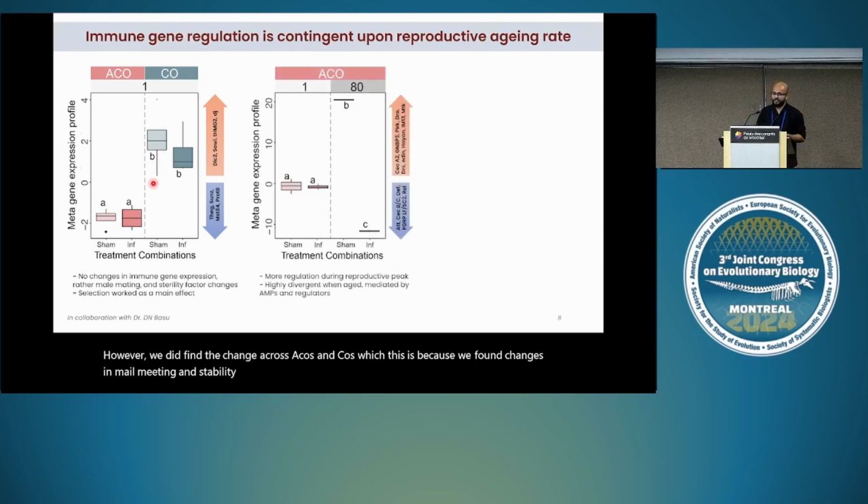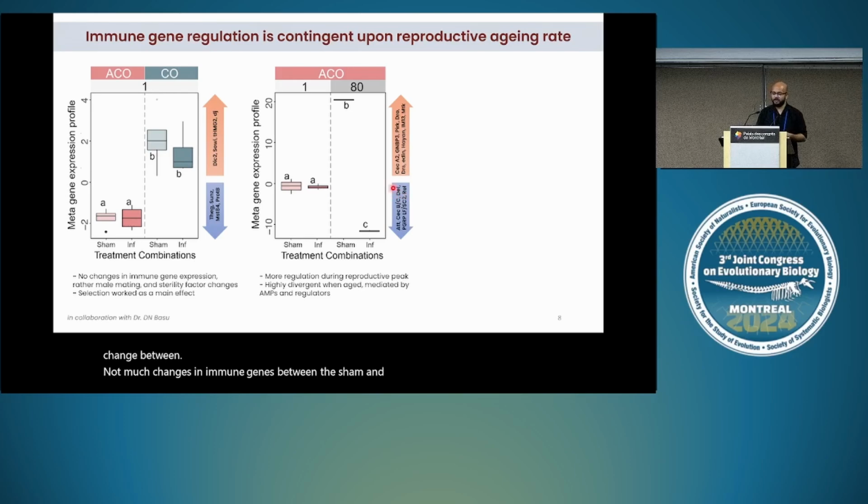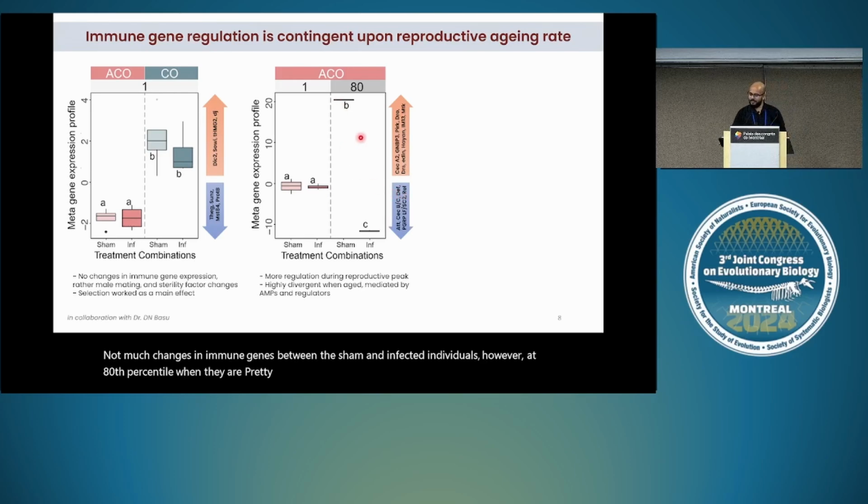Next, we measured ACOs at their 1 percentile and 80th percentile of life, and we actually found that at 1 percentile of life there are not much changes in immune genes between the sham and infected individuals. However, at 80th percentile, when they are pretty aged, we found that there are quite a few non-specific immune molecules which are getting expressed in these flies.